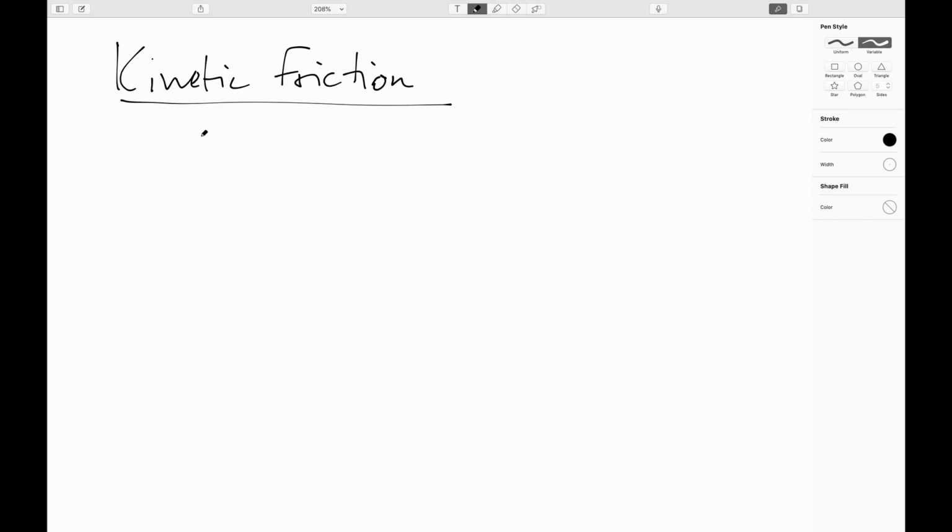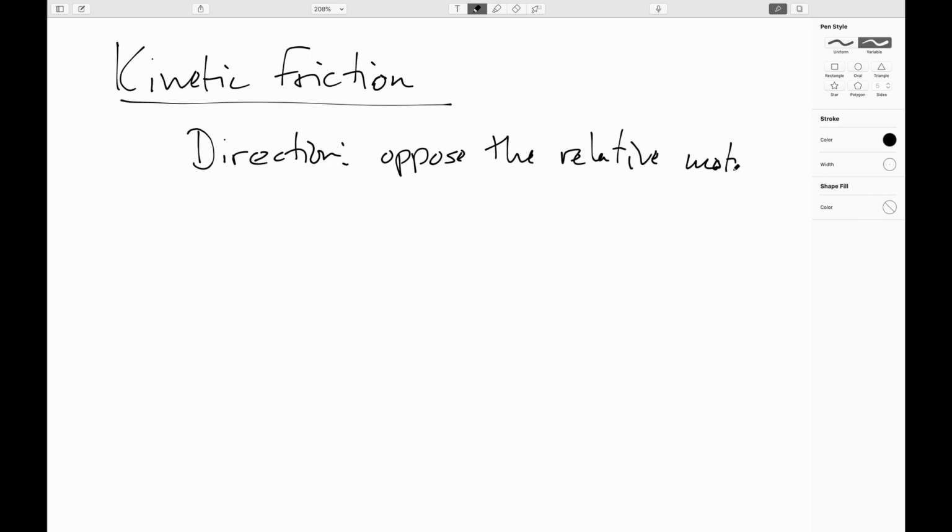So first, this model is much more straightforward. Kinetic friction is where the two surfaces are sliding with respect to each other. In this case, the direction of kinetic friction will always be to oppose the relative motion of the two objects.